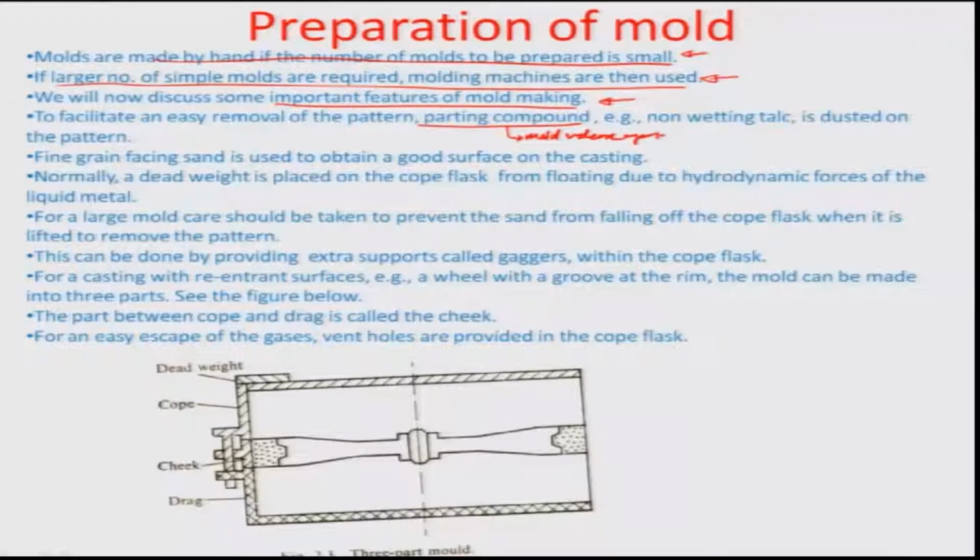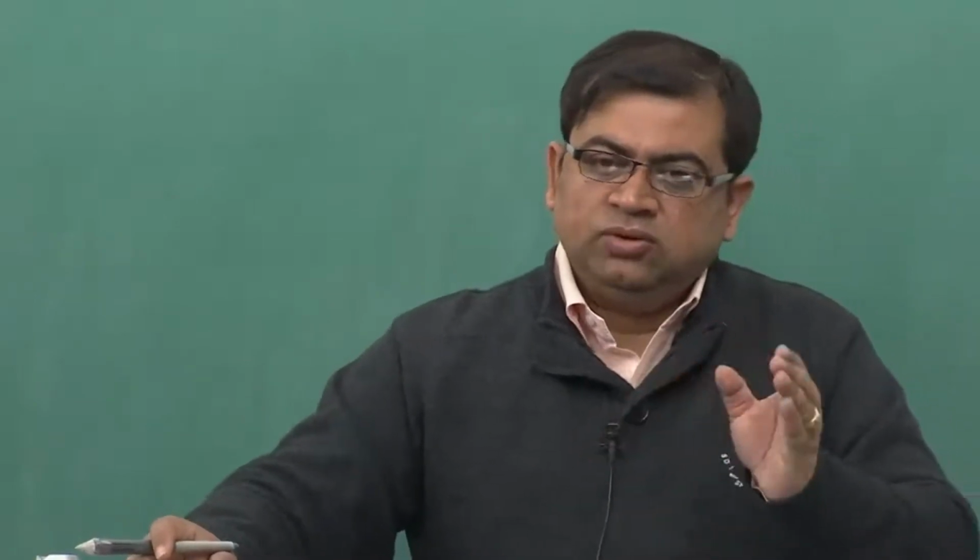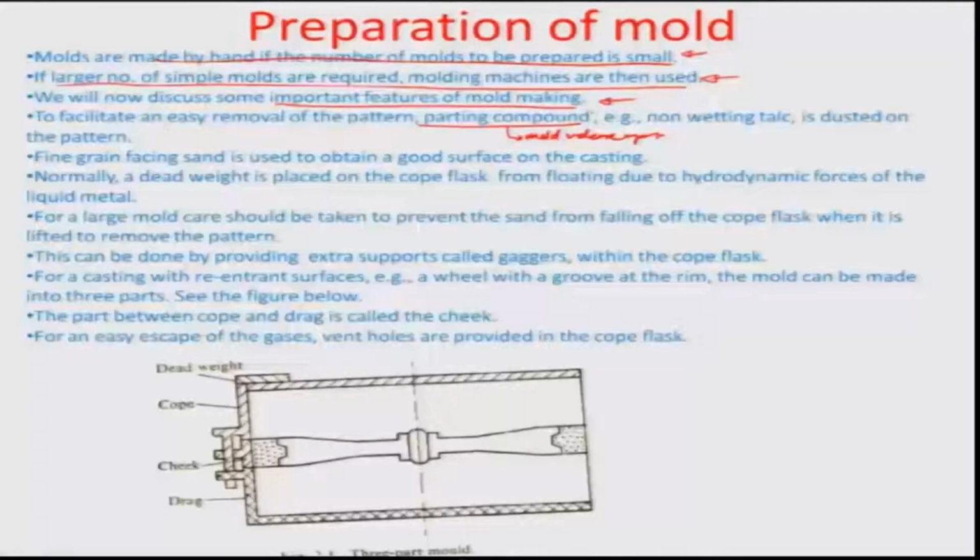The idea is that after removal of the frozen metal piece, you should be able to distinguish the mold half or the mold surface properly from the piece which you are removing, and for that you need a parting compound which is normally some kind of talc powder.